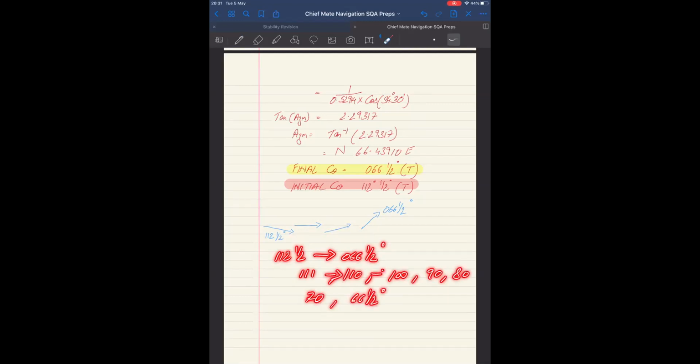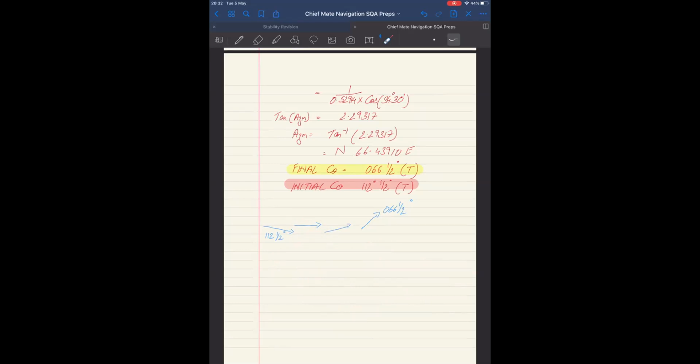So this is how the course would approximately change. We can clearly see at some point the course would be 90 degrees. This gives us a clear idea that vertex is going to lie in between A and B. It is not going to lie at a virtual point before A or at a virtual point after B.